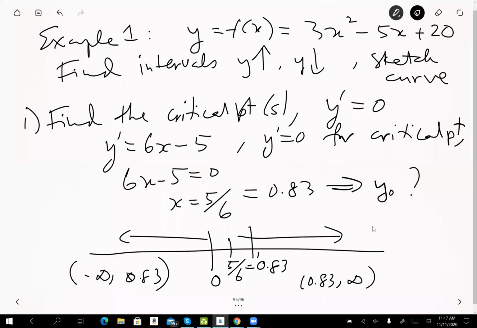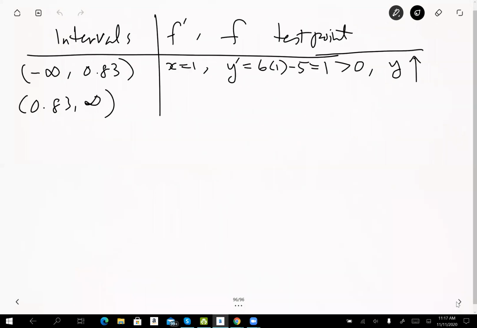Take the simplest one available. Don't make the work difficult, make it easy for yourself. x equal to 0, so y prime is equal to 6 multiplied by 0 minus 5, which is equal to negative 5. That is less than 0. So what about the function? Decreasing. Decreasing, critical point y prime is equal to 0.